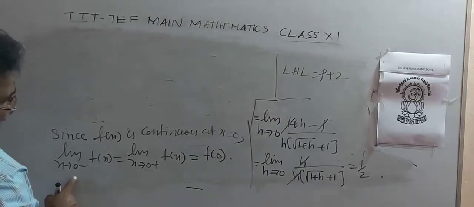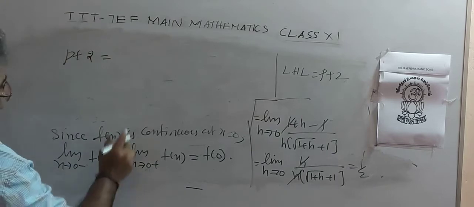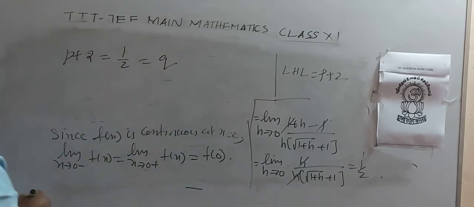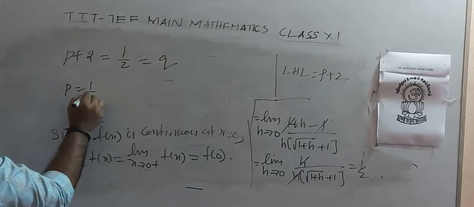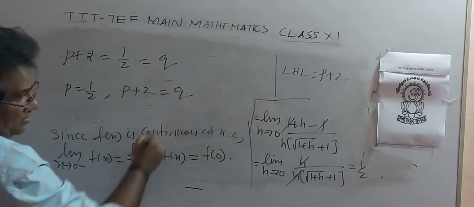So left hand limit p plus 2 equal to right hand limit 1 by 2 equal to q. So q equal to 1 by 2, p plus 2 equal to q.